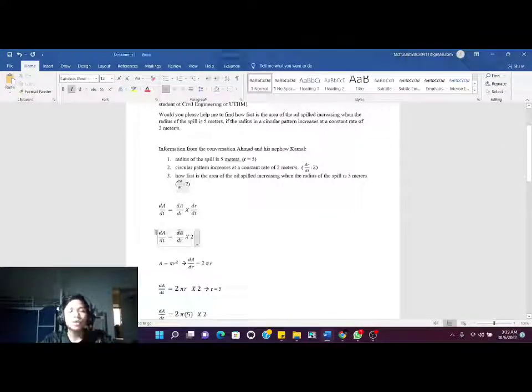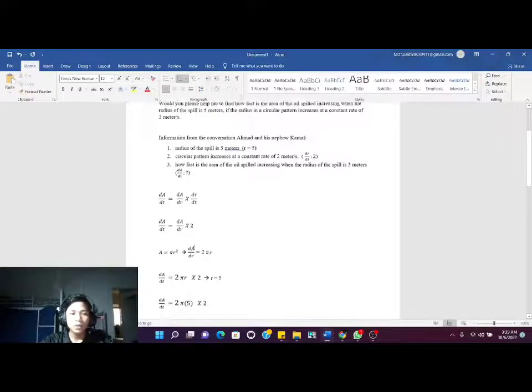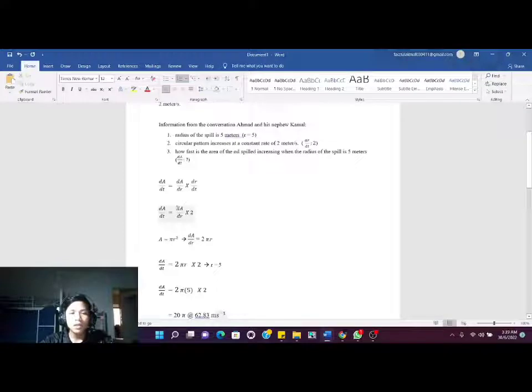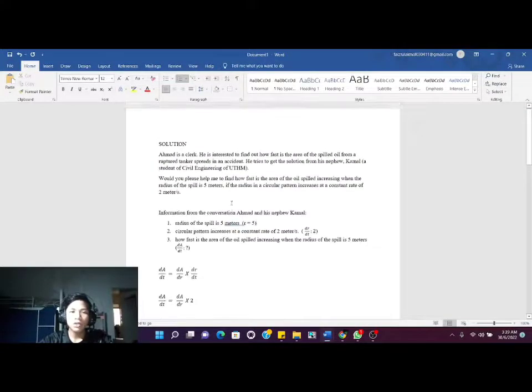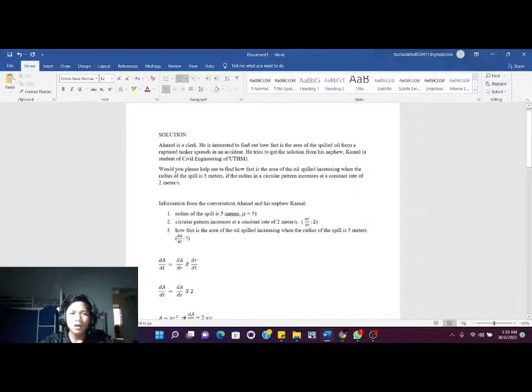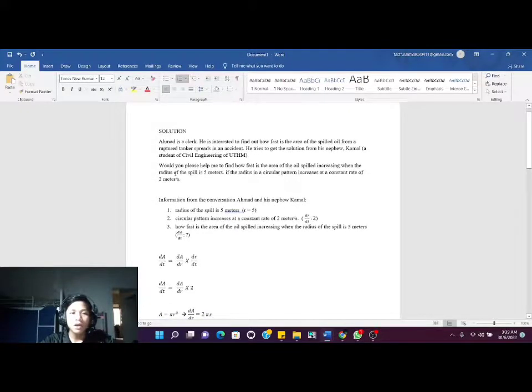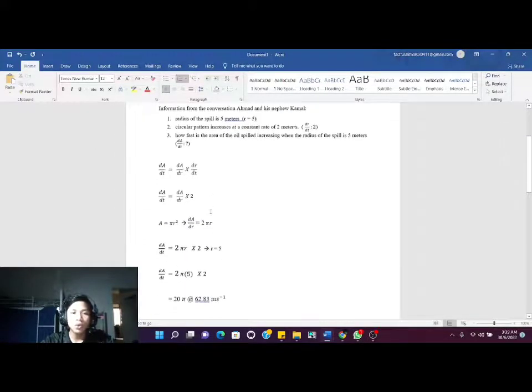From the information given, we know that dr/dt is 2, so just assign the value of dr/dt inside. The problem here is we need to get dA/dr, because the information given is so limited.